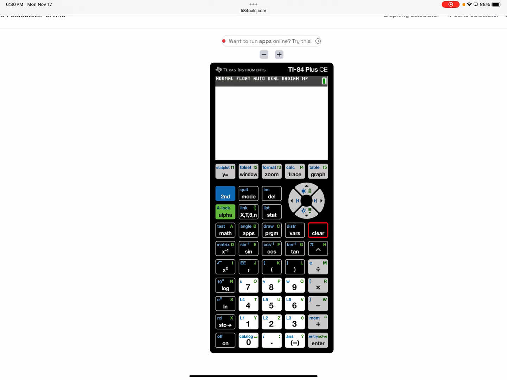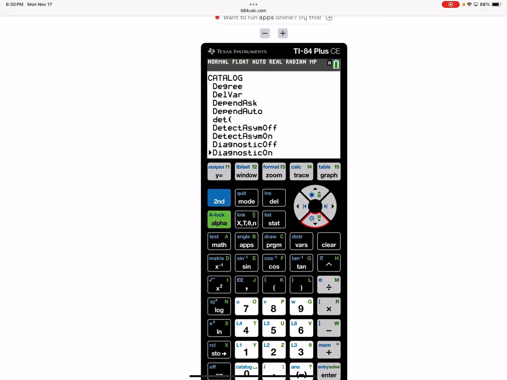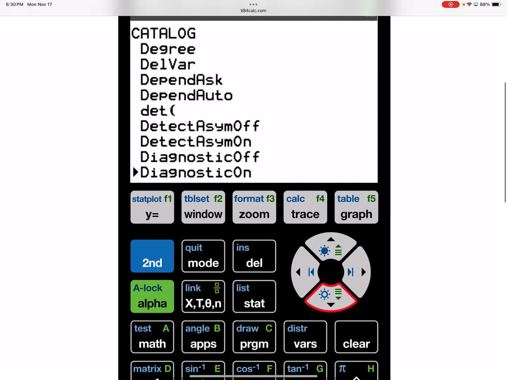If you will go to second 0, and that's your catalog where you have everything, and then if you'll go down to the D's and find diagnostic on, if you can find it. Okay, so there's my diagnostic on. See how I'm right there?